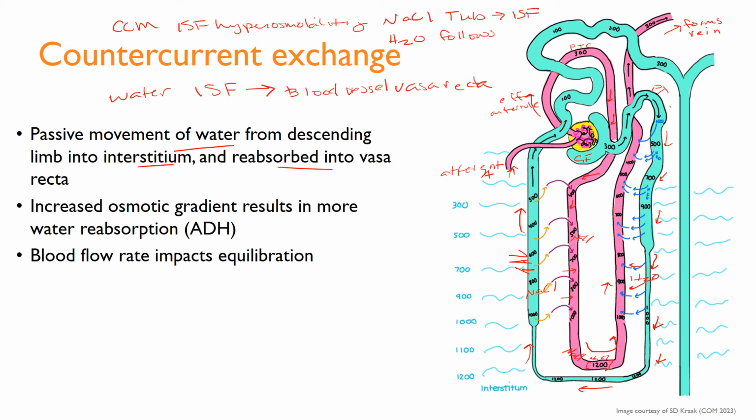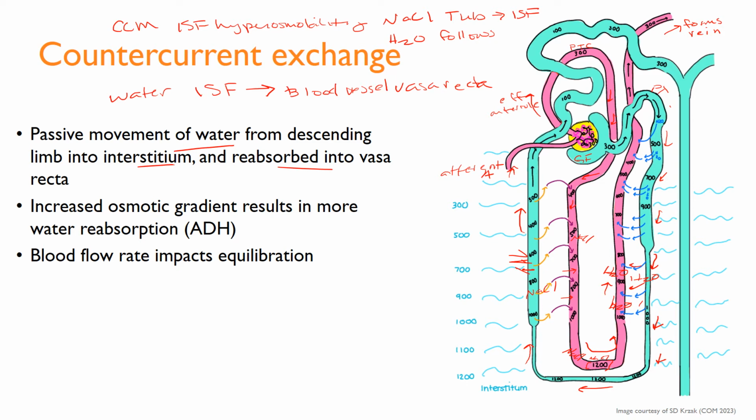But now the fluid is pumping back up, and now water can enter because this portion of the vasa recta is running alongside the thin descending limb where there's water. The water is leaving the thin descending limb and it's getting pulled into the vasa recta. And what happens when you add water to something that has a high osmolality? Well, it's going to dilute it.